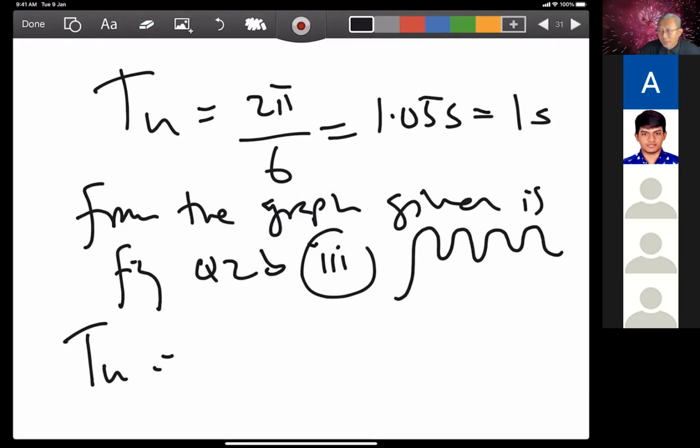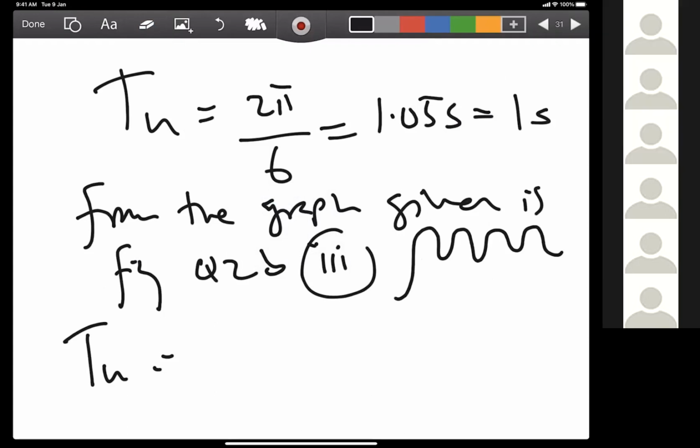What is the period from the graph? Can you show the graph too?